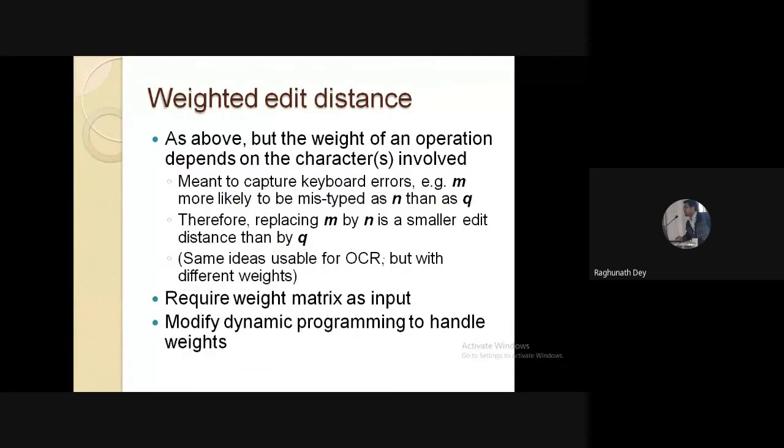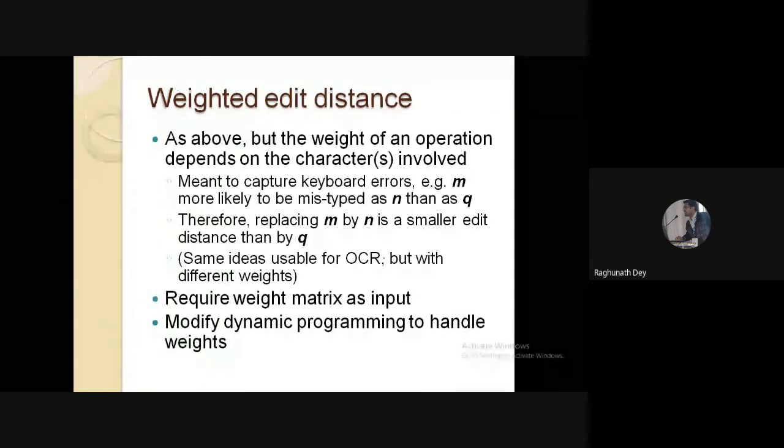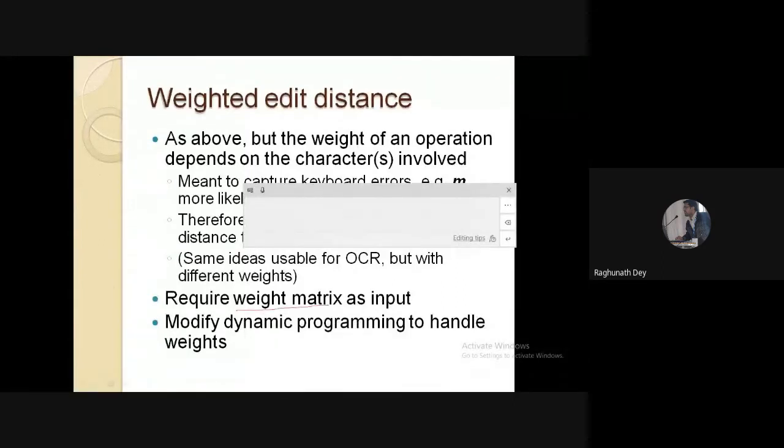In this case, your algorithm or methodology is to maintain a weight matrix. When we maintain this weight matrix, you need to consider two scenarios.